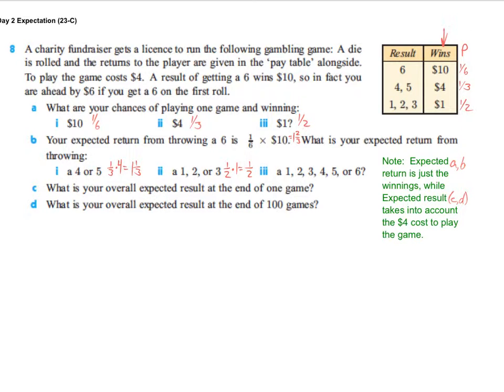So now for part 3, we know these give us a 1/2. We know 4 or 5 gives us 1 1/3. And we know 6 gives us 1 2/3. And we're going to just add those together to get our total expectation.